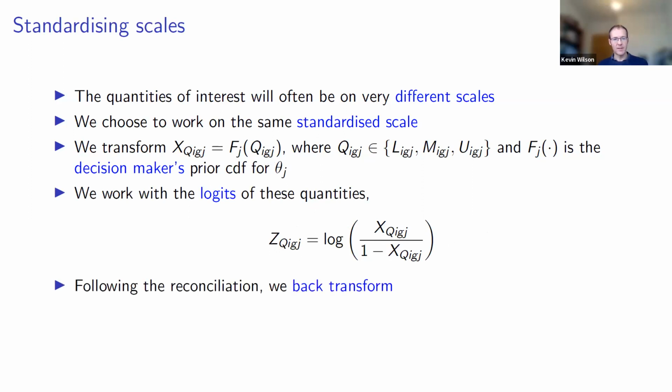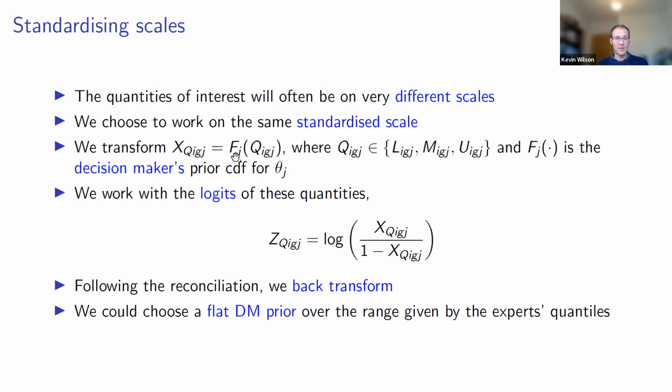And then following the reconciliation, so following the aggregator, the Bayesian hierarchical model, we just back transform by using the inverse of those transformations there. So whenever I fit a model, all of the elicited quantities are going to go through this standardization process, then we'll do the Bayesian aggregation, and then we'll back transform in order to then look at how good they are.